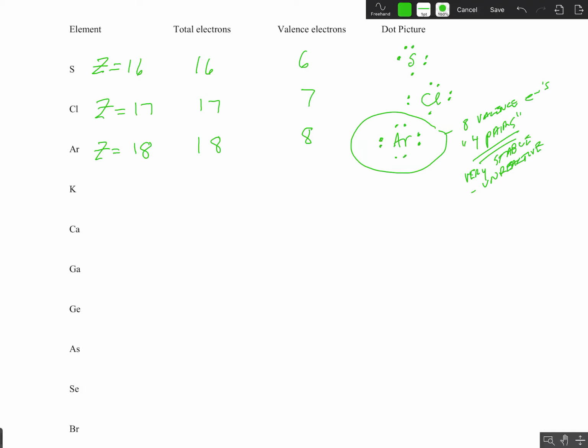They all, except for helium, have 4 pairs of valence electrons, you'll see, and it ends up to be a very stable electronic configuration, to where the atom does not react with anything at all. Or at least it's very hard to get it to react with anything at all. So there's something very special about the number 8 and having 4 pairs of valence electrons.